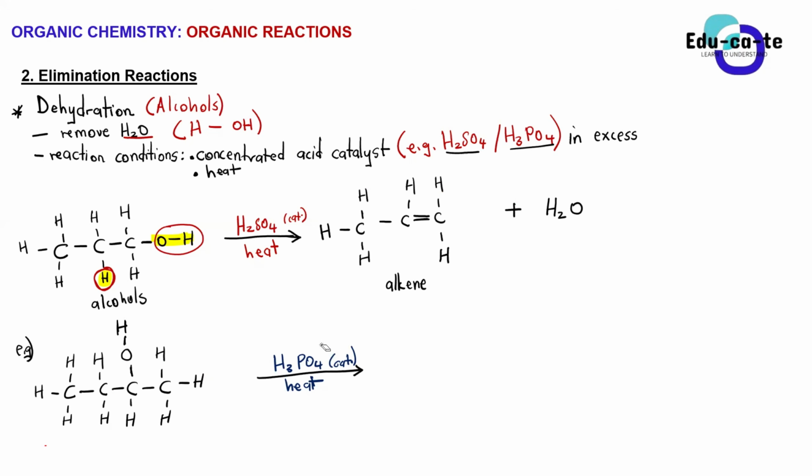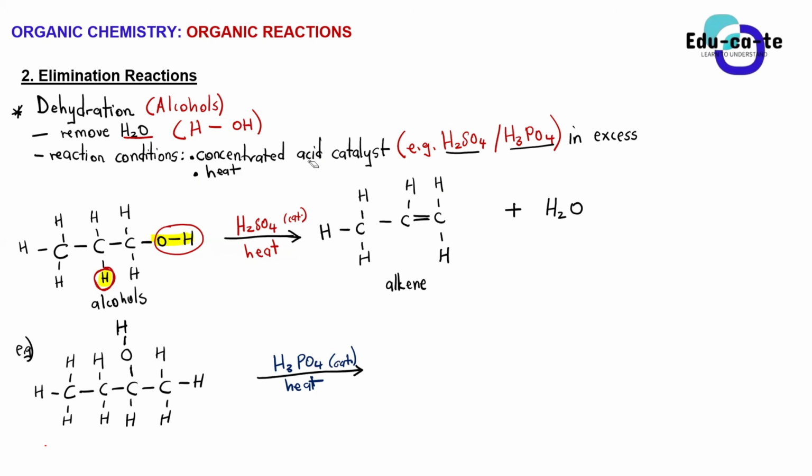So you don't confuse this with any other reaction, because you know that alcohols can undergo an elimination reaction, which is dehydration. The conditions necessary for that to happen are H3PO4, or you can use H2SO4.